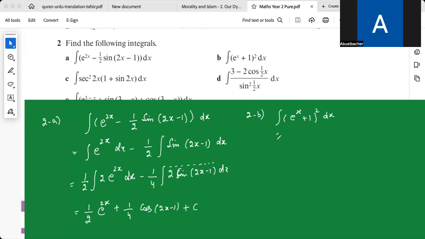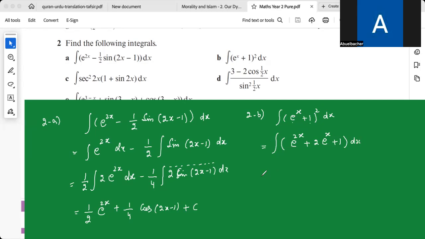So we can simply open this square. When we open the square, it will be e power 2x, then plus 2 times e power x, then plus 1, meaning the square of the first term plus 2 times the product of these two terms plus the square of the second term, and then into dx.